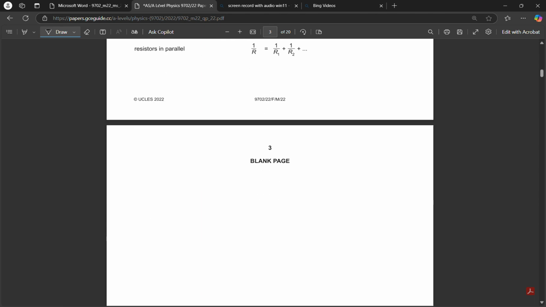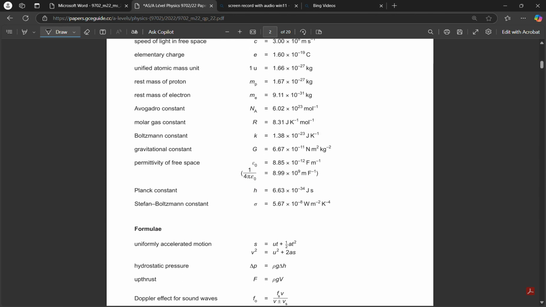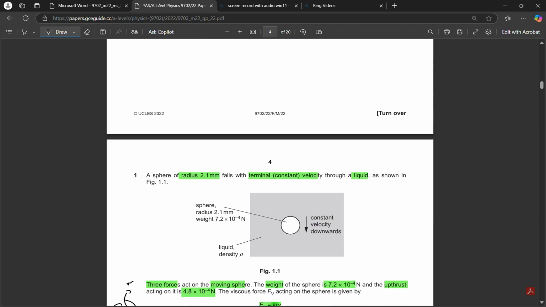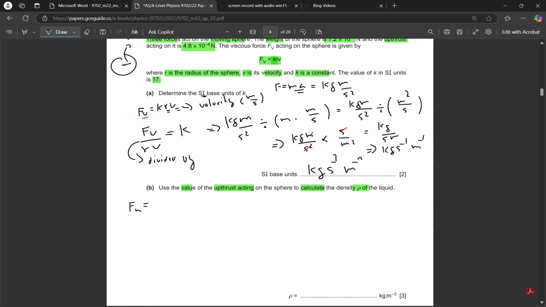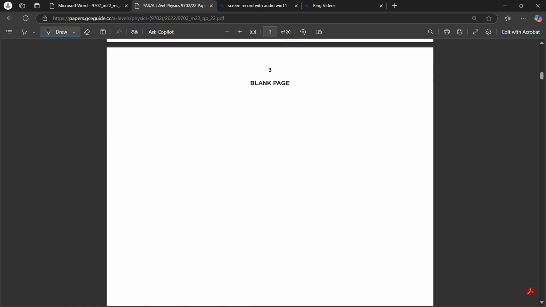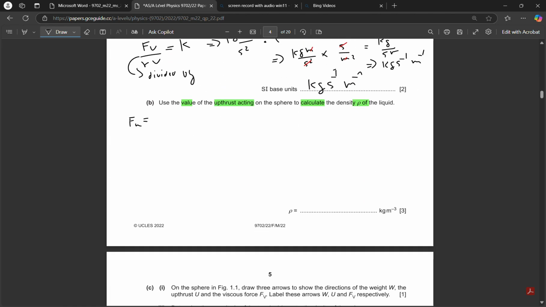It's the density multiplied by the gravitational acceleration and the volume. Sometimes I don't remember these formulas. Yeah, okay. So density multiplied by the gravitational acceleration and multiplied by V.